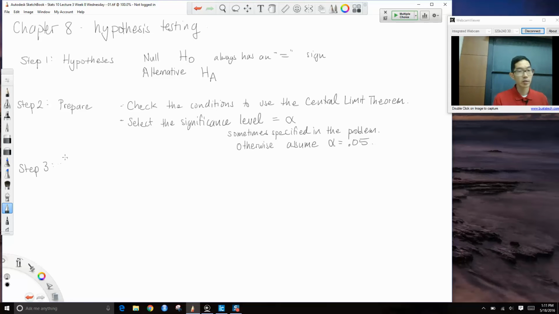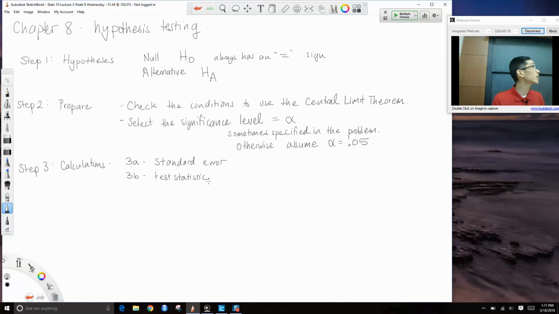So step 3 will be calculations, and we can break this further down into a few components. I'll call this 3A, which is going to be the standard error. Once you figure out your standard error, figure out your test statistic.